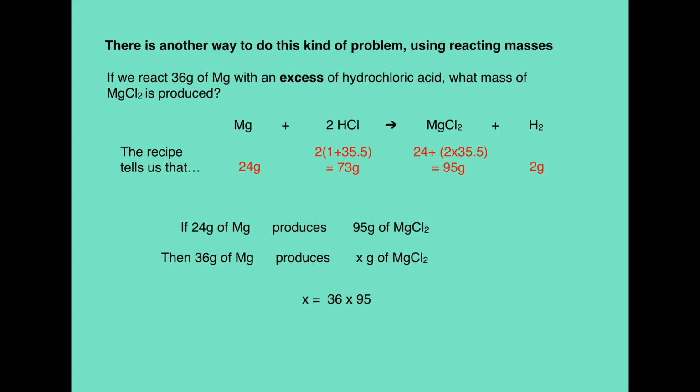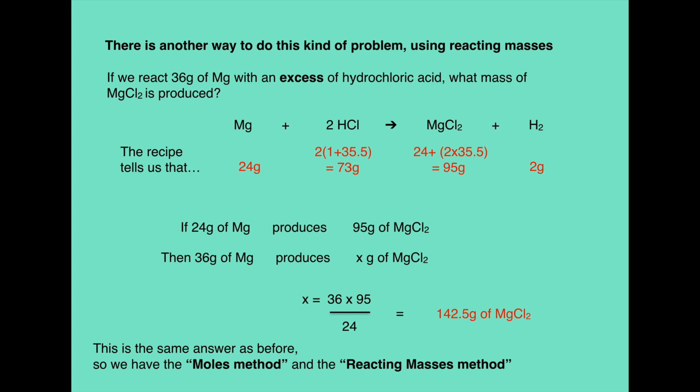So we'll do a little bit of mathematics. X would be equal to 36 times 95, divided by 24. That works out to be 142.5 grams of magnesium chloride, which is the same answer as before.